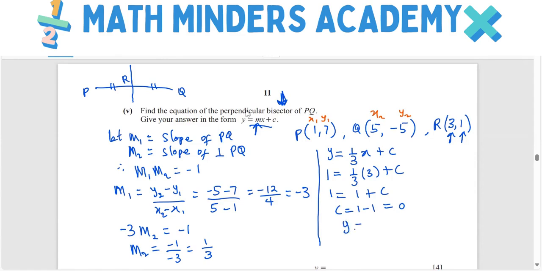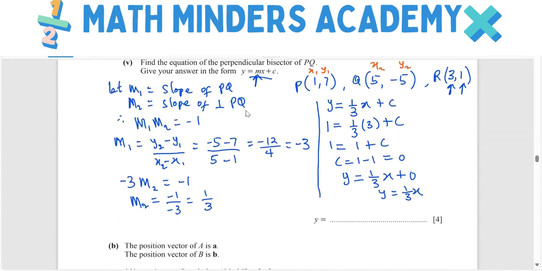The equation we are looking for becomes y equals 1 over 3, x plus 0. So y equals 1 over 3 x, okay? So here we'll enter it: 1 over 3 x. So that gives the answer to that question.